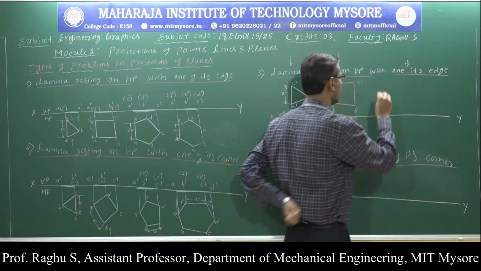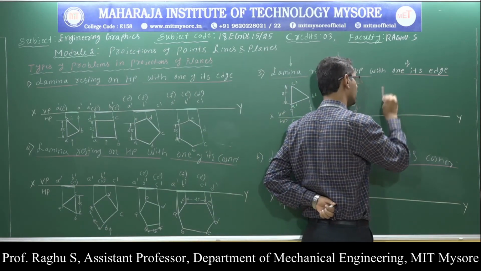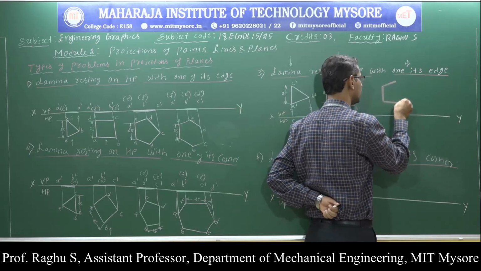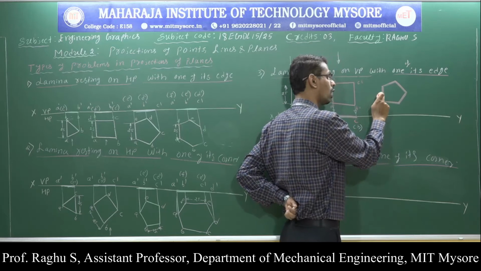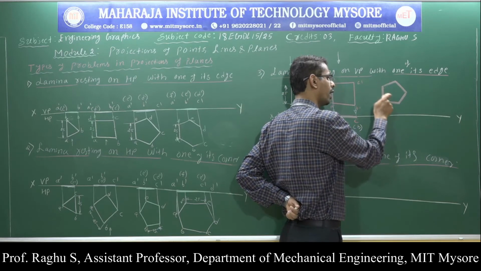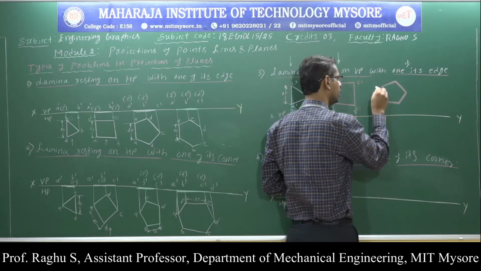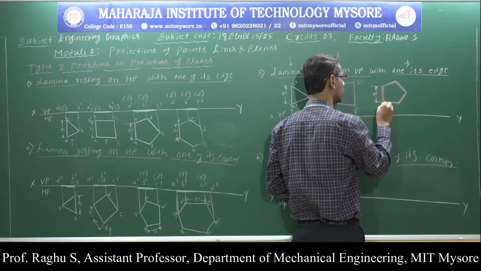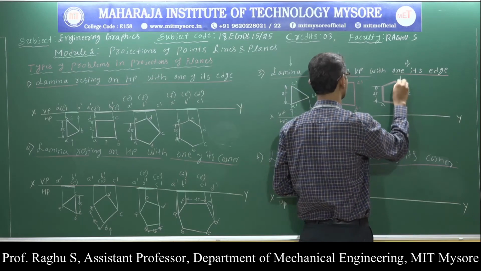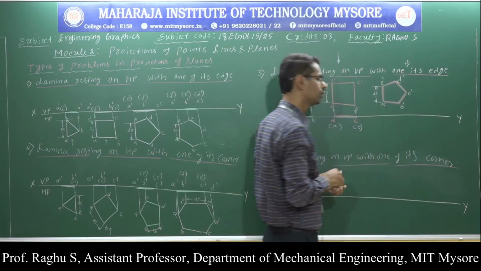Similarly, the pentagonal lamina resting on VP with one of its sides. Construct the pentagonal lamina with side resting condition. Here this is the pentagonal lamina with one of its sides; the left side is the resting side. Indicate the dimension, then do the naming: A dash, B dash, C dash, D dash and E dash.